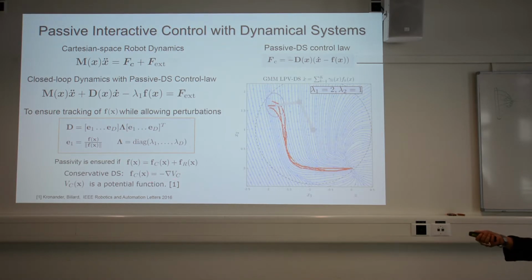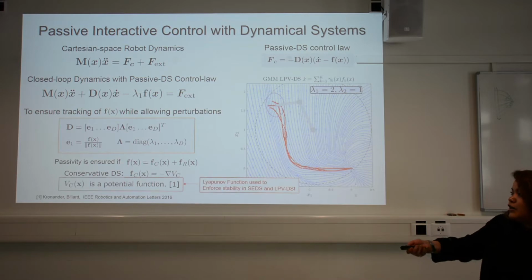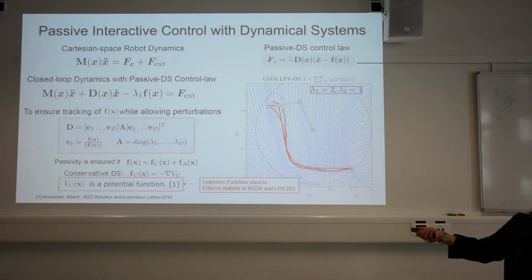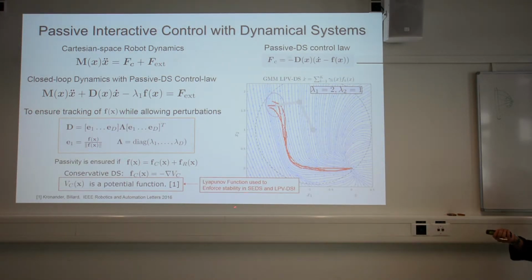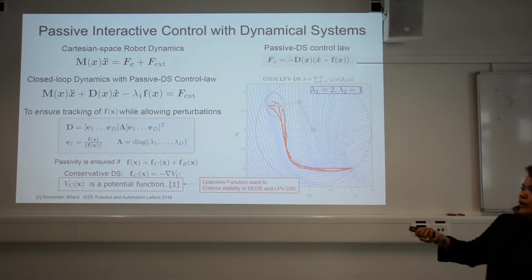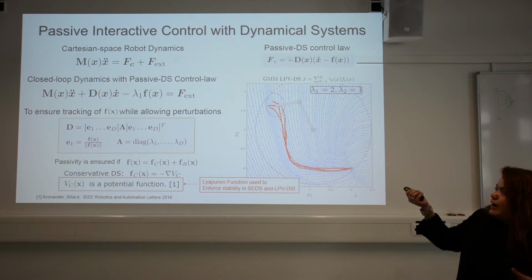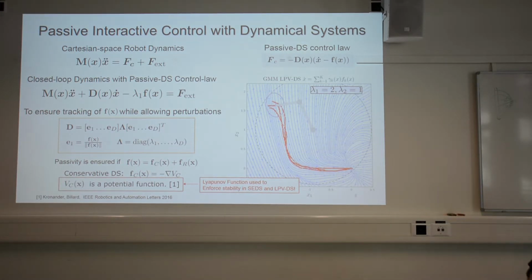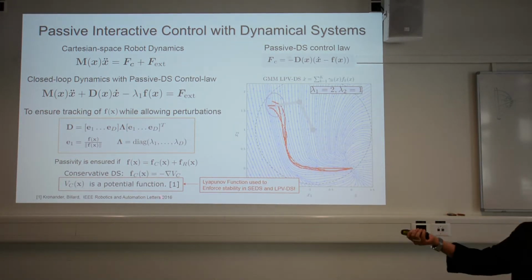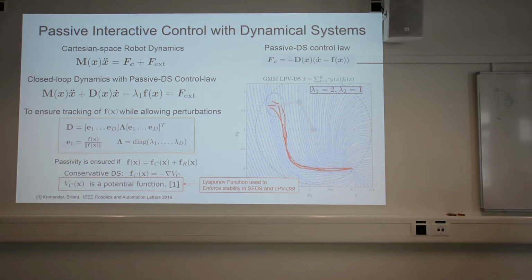A conservative term is equal to the negative potential function. If you remember, in the first lecture, with both SEDS and LPV-DS, we learned dynamical systems with a Lyapunov function, so we can use SEDS or LPV-DS to generate a dynamical system which provides passivity for this controller. The proof for passivity is in this paper, so I'm not going to go through that.